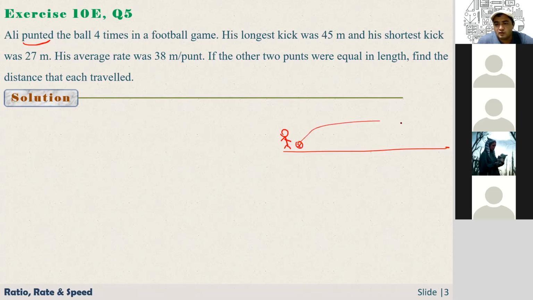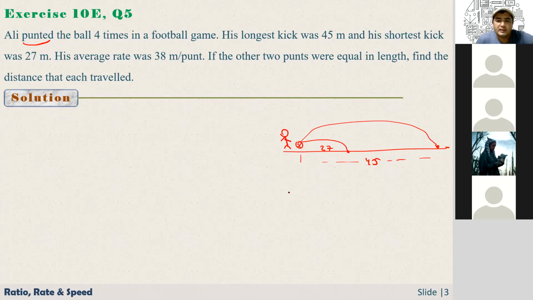When he kicks, the longest one is here, that is 45 meters. And the shortest one is here, actually it is too short, maybe it just lands here. That is 27 meters.